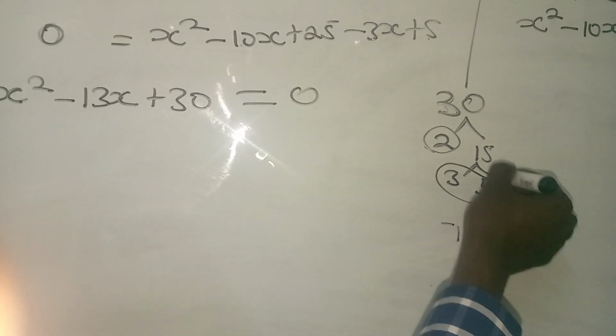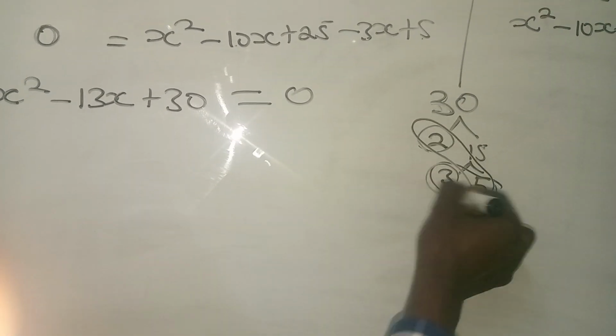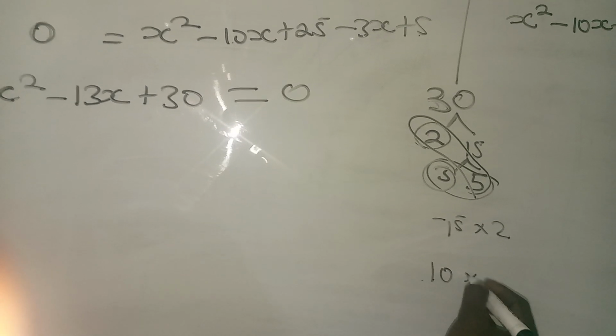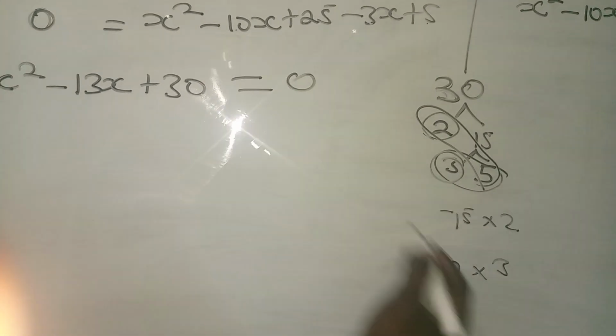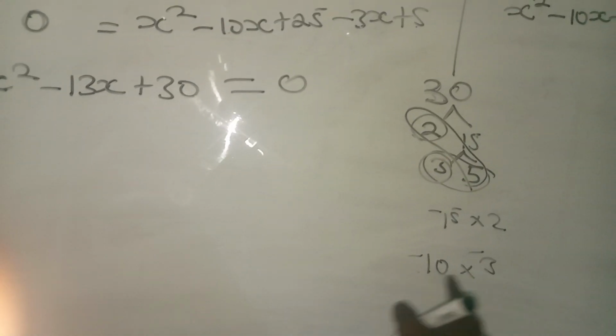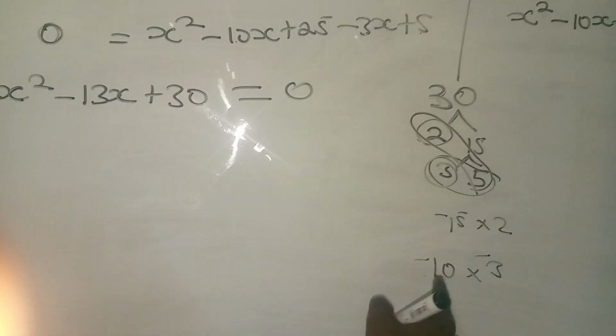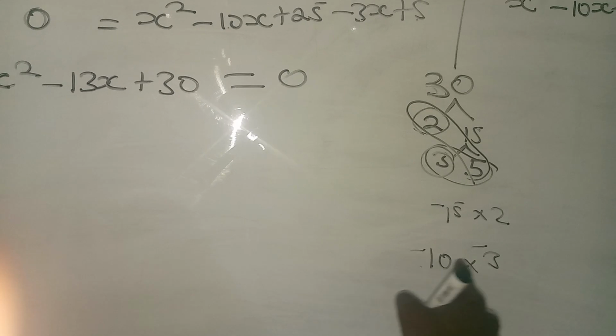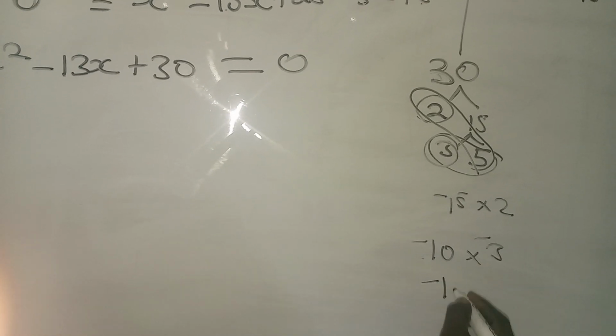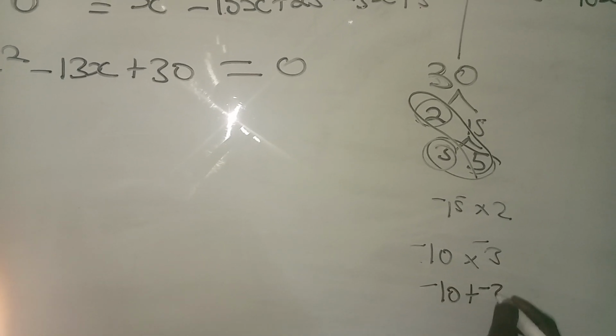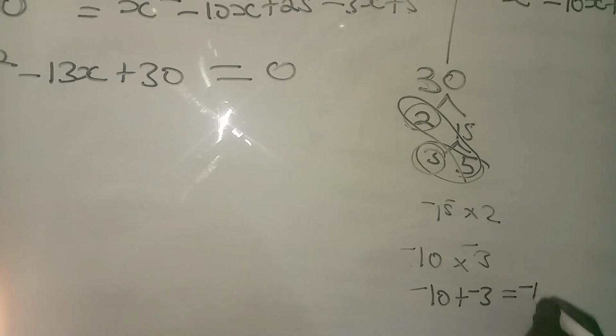We can say 10 and 3, whereby both are negatives. Negative 10 times negative 3 gives 30, and negative 10 plus negative 3 gives negative 13.